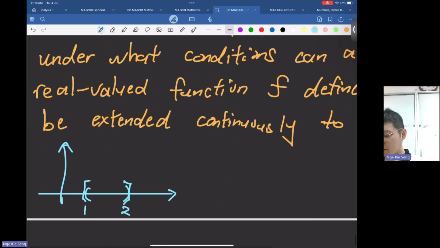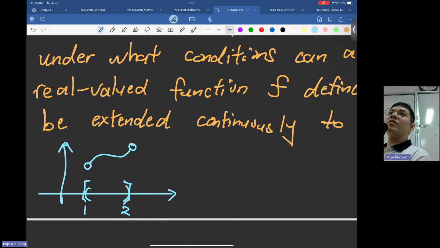Let's say my graph is a continuous graph like this. Is there any way to extend this continuous function from the open interval to the closed interval? How? You just fill in the limit points of this one, correct?